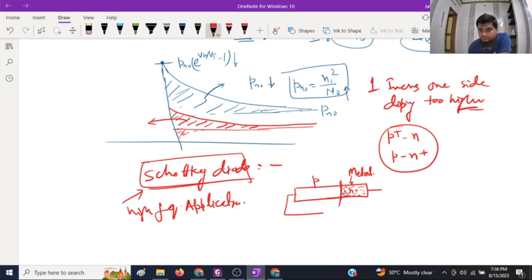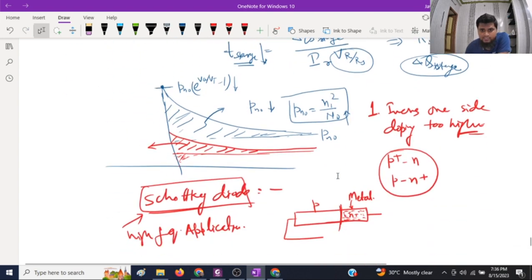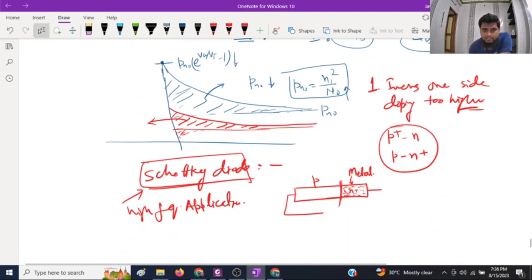So that was one thing. Another thing is that the storage charge is totally dependent on the recombination rate, right? How fast it will be removed depends on the recombination rate.